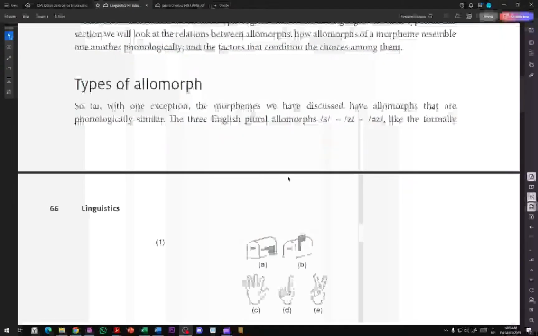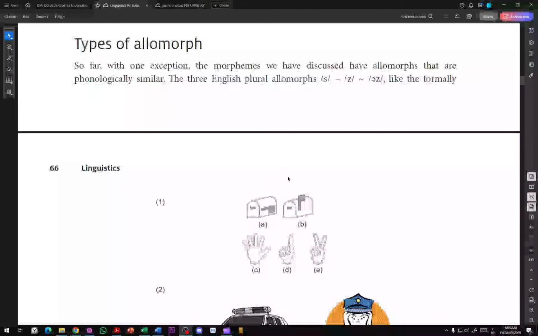Types of allomorph. So far, with one exception, the morphemes we have discussed have allomorphs that are phonologically similar.